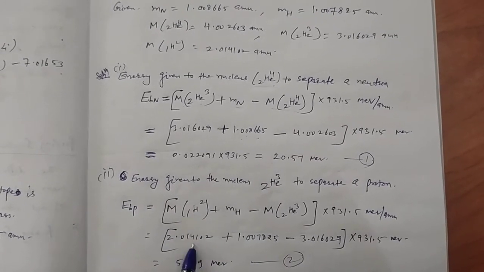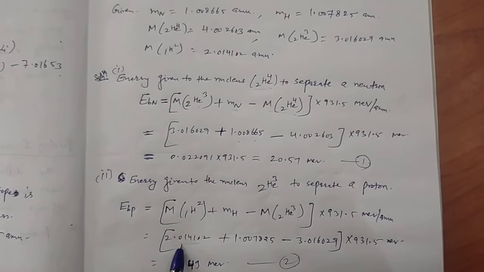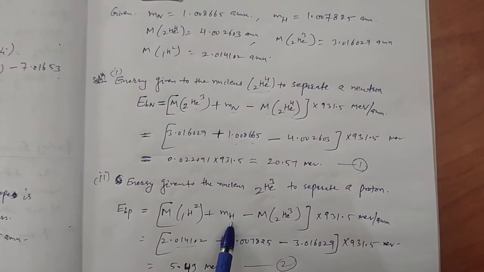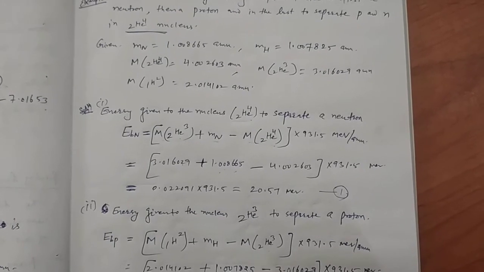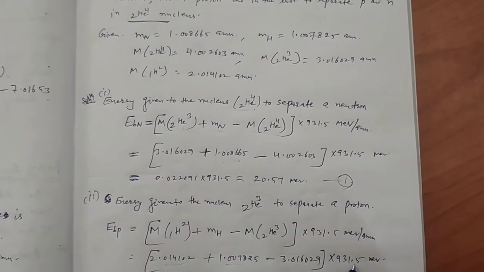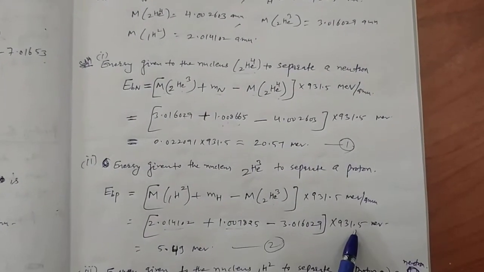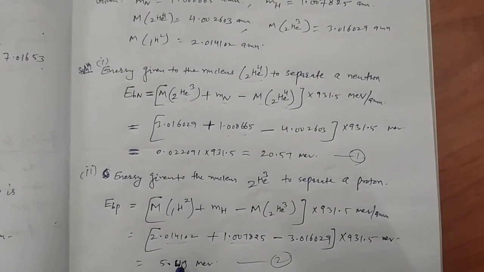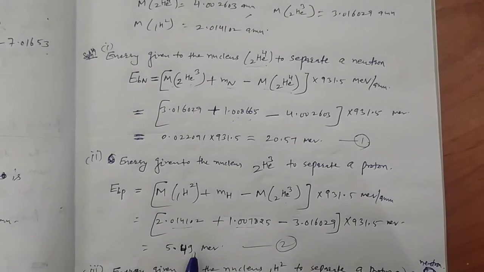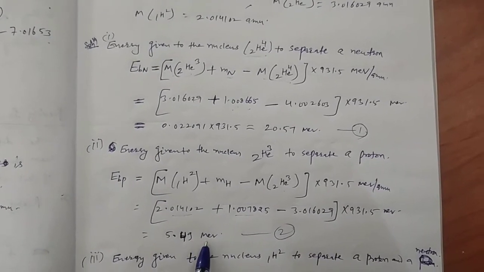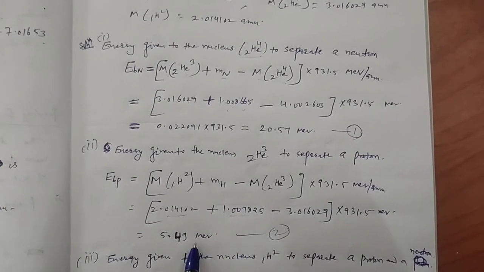So the mass of this one is given, and the mass of proton, and the mass of 2He3 is also given, and by multiplying by 931.5 MeV, we finally get 5.49 MeV.